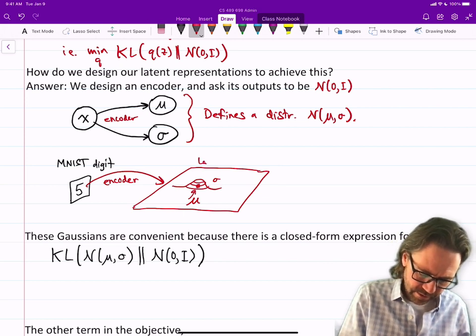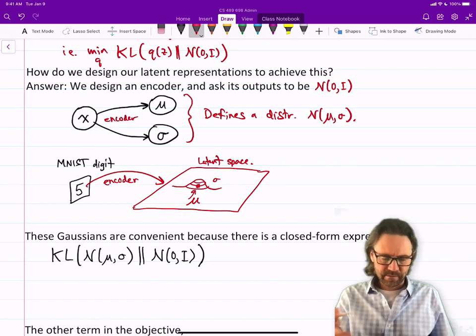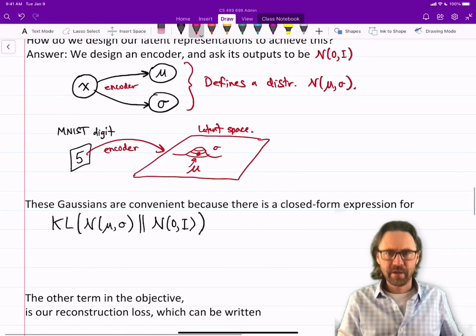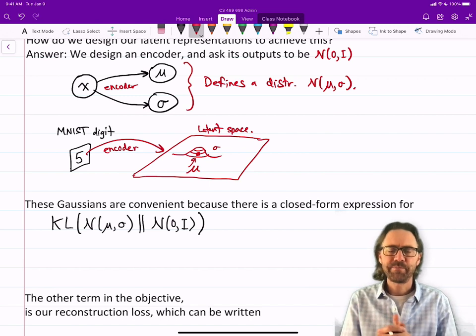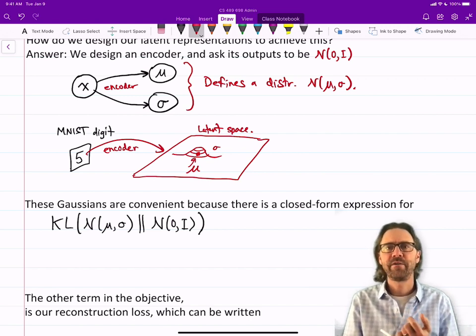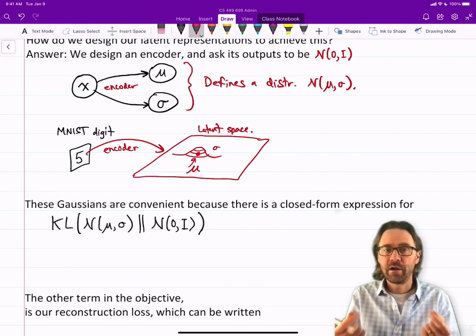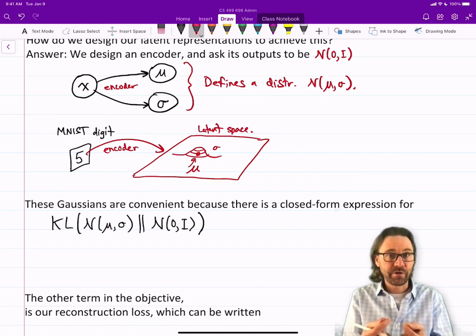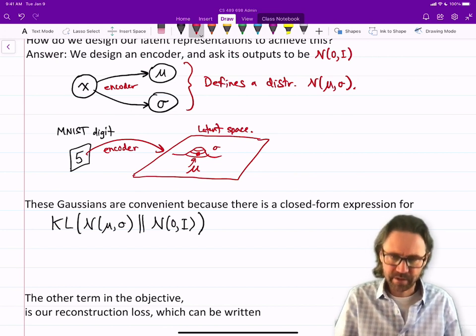So this is the latent space. Our encoder is going to output a mu and a sigma. Now, I already told you we want our latent space to have a standard normal distribution. So we're going to pressure our encoder to try to push mu to be 0 and push sigma to be 1, or identity.